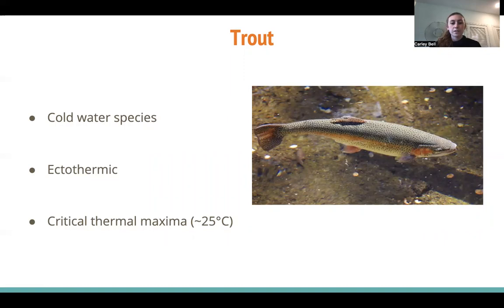So each trout species is going to have a slightly different critical thermal maxima, but it is usually never higher than approximately 25 degrees Celsius. So all trout are cold water species. And if they are in an environment that exceeds their critical thermal maxima, they will die. And that's why they are particularly vulnerable to climate change that warms their water temperature, because they can't survive if it warms it too much.